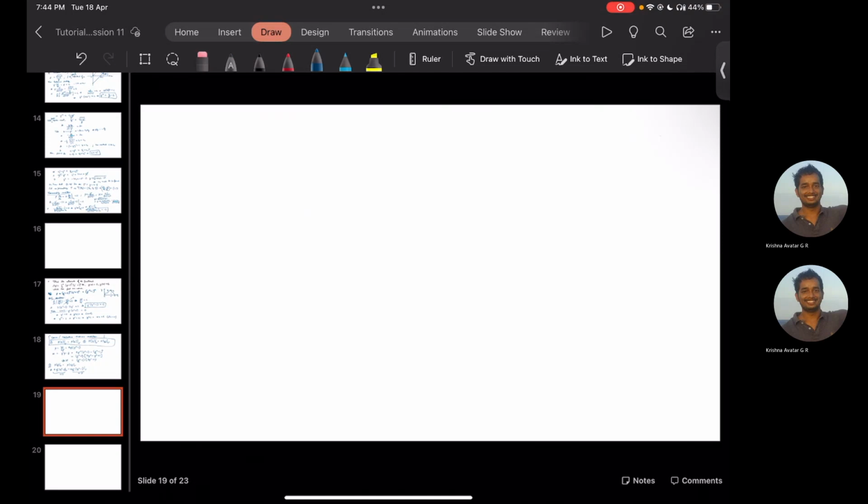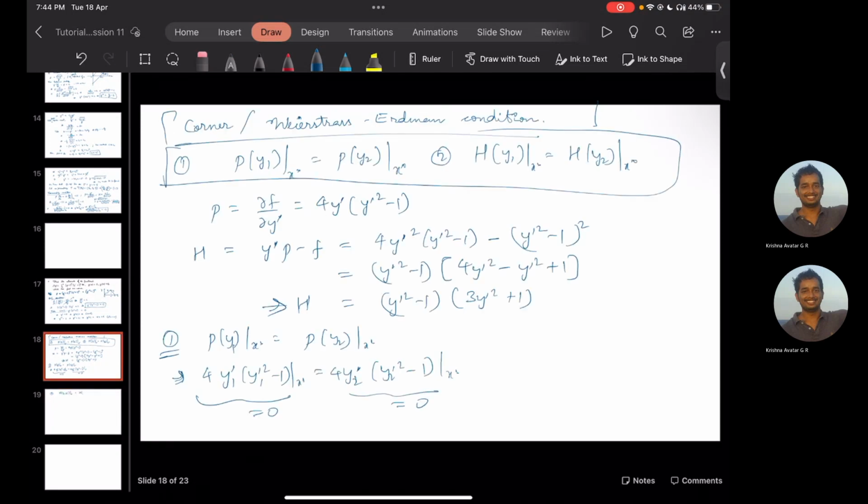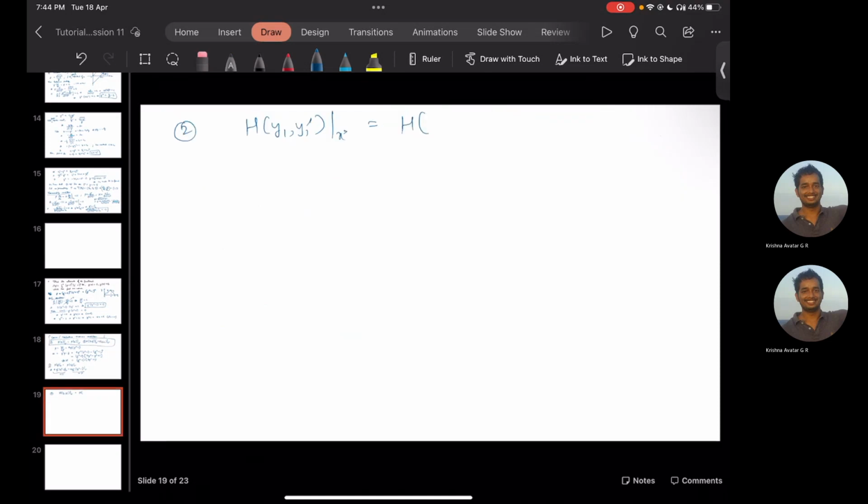Okay, the second condition says that h at y1, y1 prime at x star, since h is a function of both y and y prime, is equal to h at y2, y2 prime.